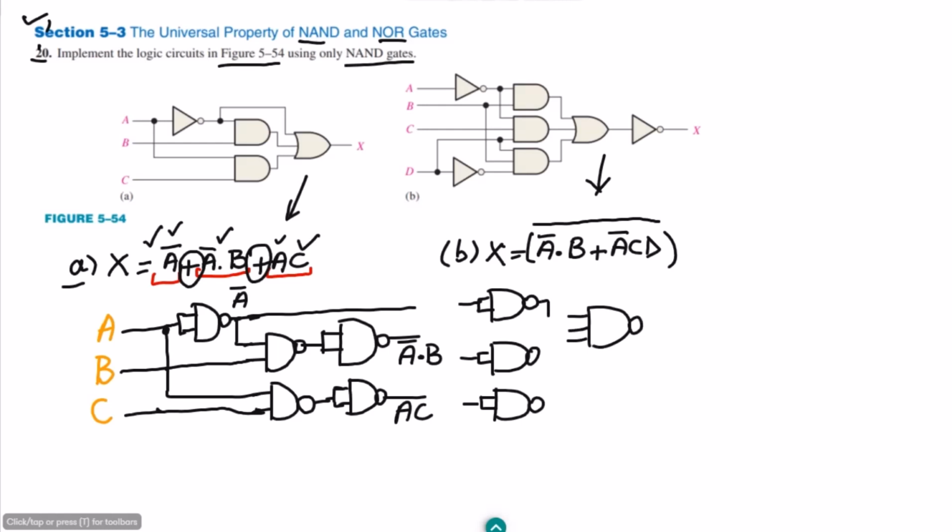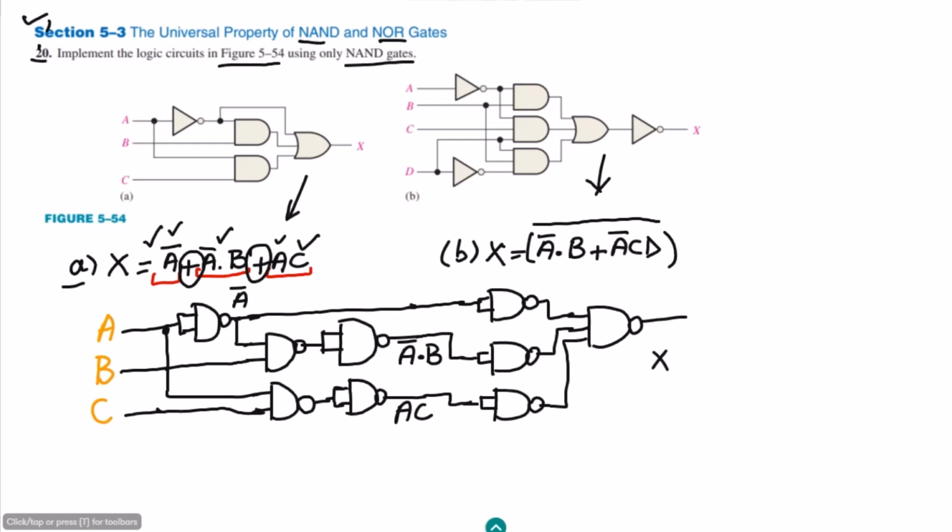The output of them will be given here. I have shown you that by using this combination I will have the equivalent of the OR gate when these are represented by using the NAND gates. So now applying these here and this here, at the output what will I get?